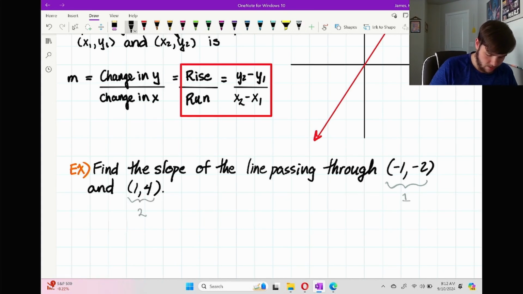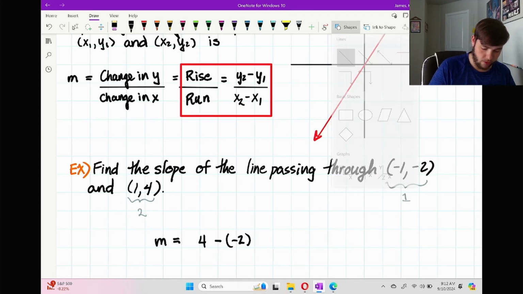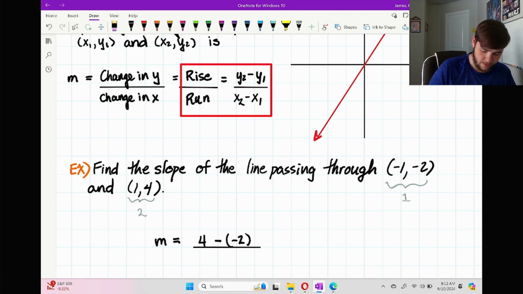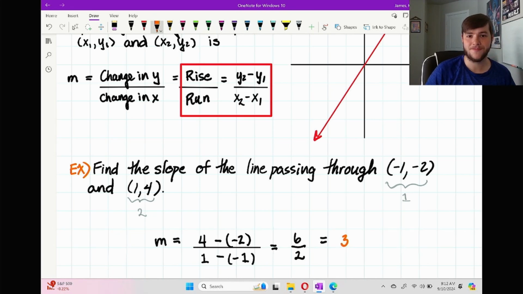The slope, and we usually use m to denote slope, is going to be the y-coordinate of the second point minus the y-coordinate of the first point, rise over run, over the x-coordinate of the second point minus the x-coordinate of the first point. This gives me 6 over 2, or 3, to be the slope.